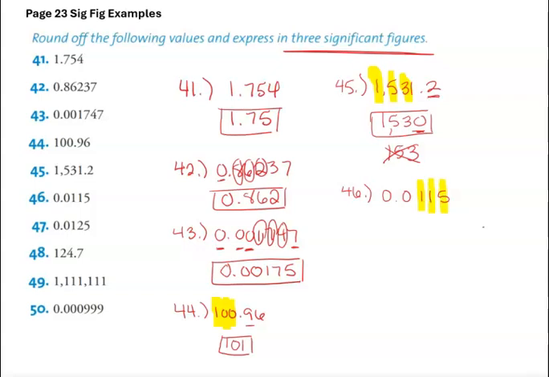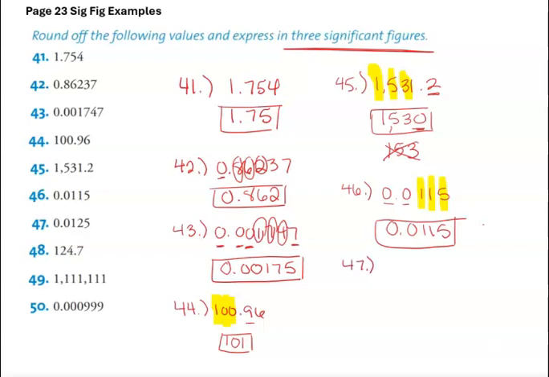When we're writing the number out, we still have to include those zeros because those are our placeholders, but they're not significant. So our answer is still going to be 0.0115. Again, those zeros are just placeholders, but they're not significant.